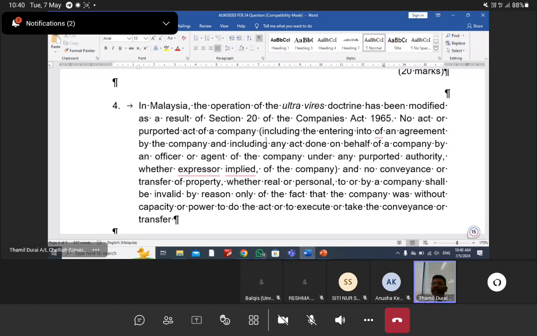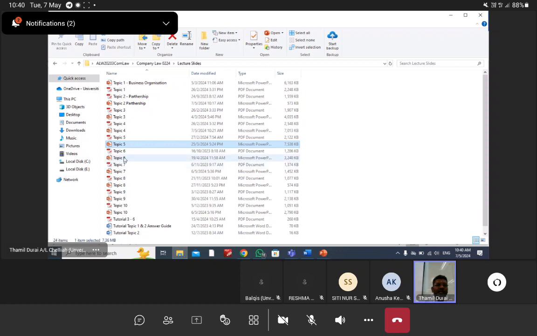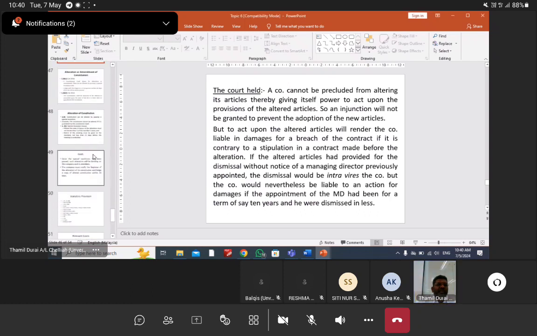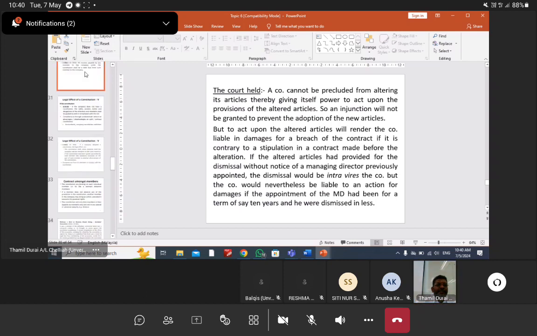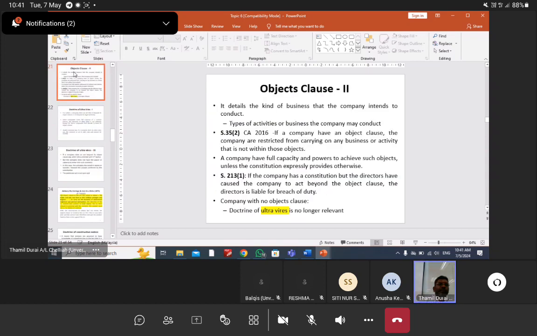Section 20, ultra vires. Direct question, isn't it? Doctrine of ultra vires. Just copy and paste from the topic on ultra vires. Again, it's a topic on the constitution. The effect of ultra vires, when you do your objects.